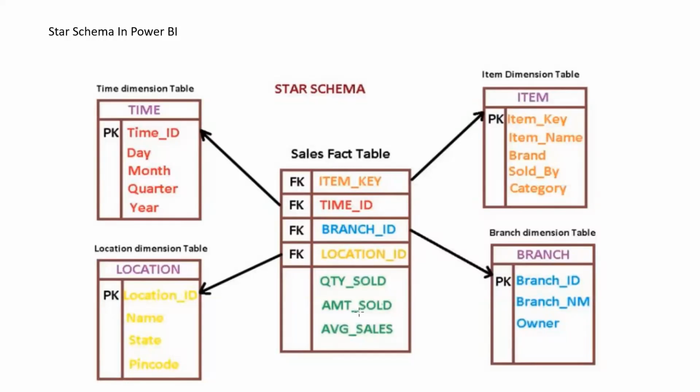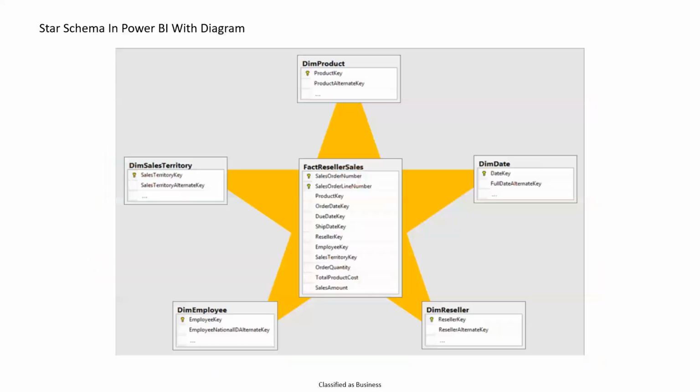It looks like a star. Okay, like that. See here, few more examples. See here. Centrally, if you're observing, fact reseller sales, one table is there. And if you're observing the remaining dimensions, like dimension product, dimension date, dimension resellers, dimension employee, sales territory.